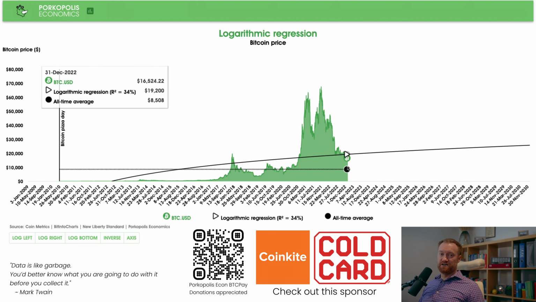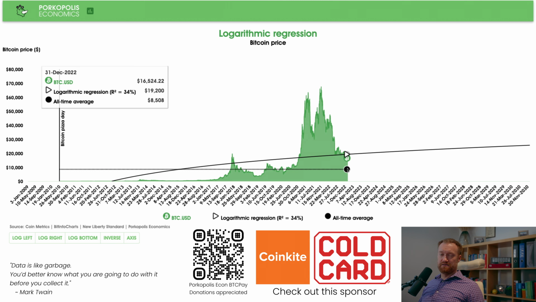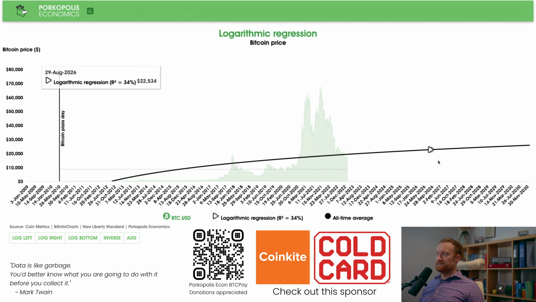All-time average is $8,500. And the price is just under the logarithmic regression trend line. But the prediction is not much different. Only $6,000 roughly higher. So if you're a big Bitcoin bull, you might not be happy with that.